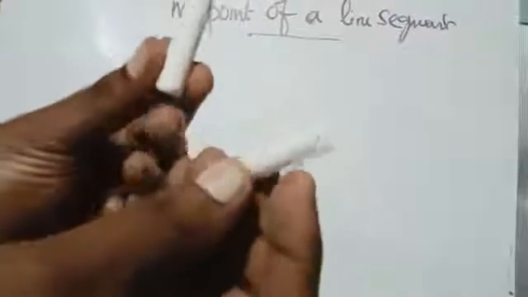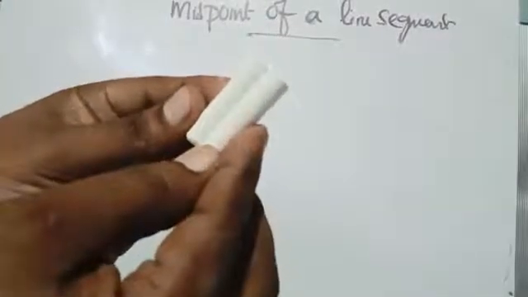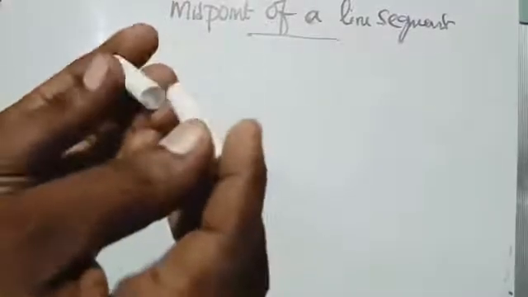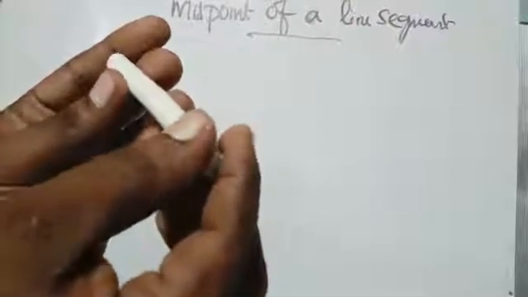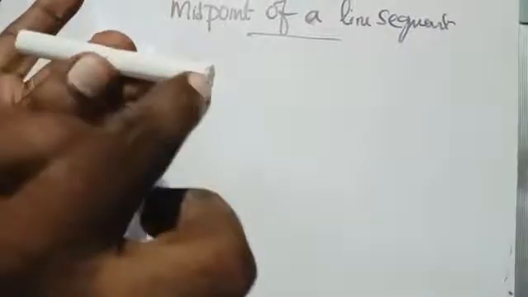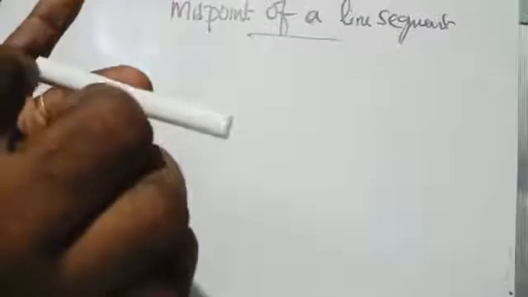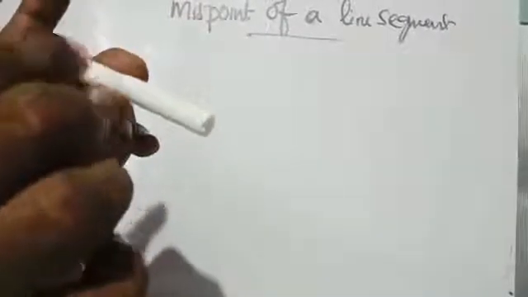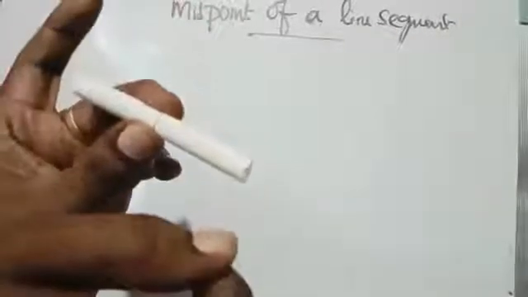Now I have divided this chalk piece into two equal parts. To divide it, we have to know its total length, and we must know exactly the center portion to divide it into two equal parts, right?